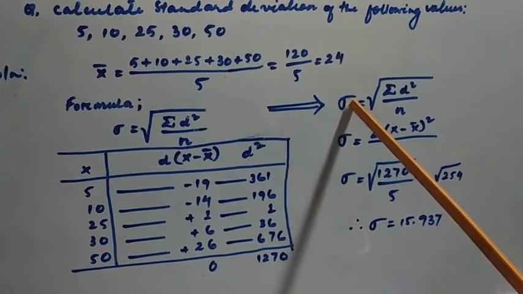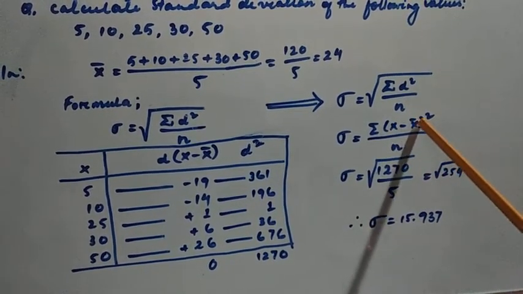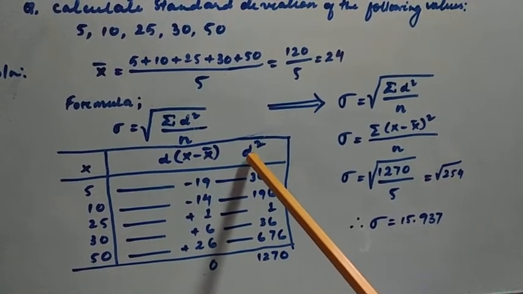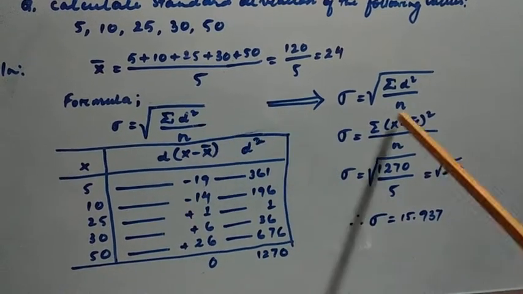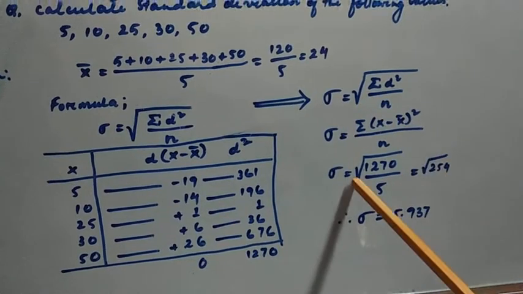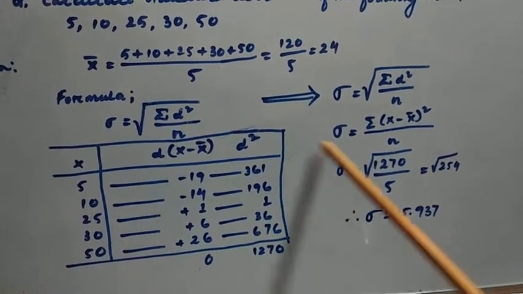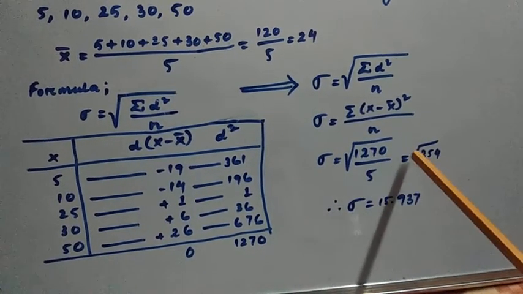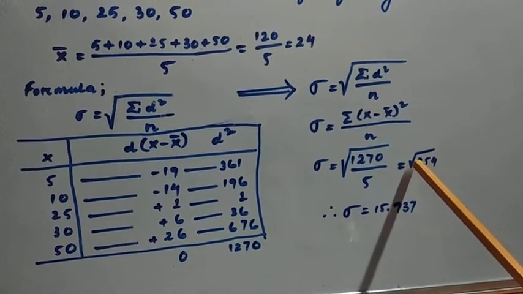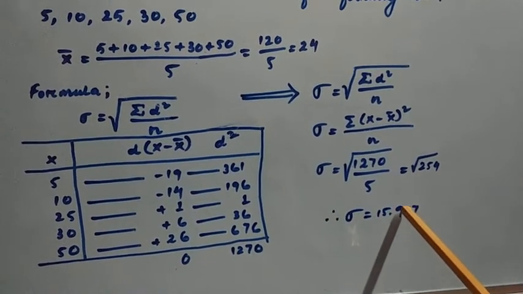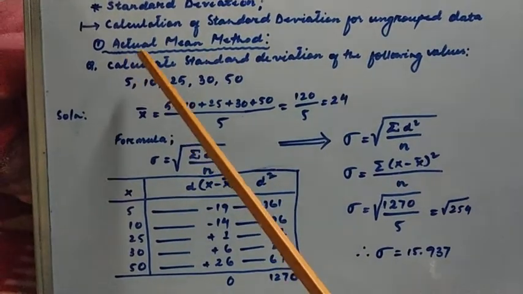We can write summation d square as summation of x minus x bar whole square, because d square is nothing but that. Summation d square is 1270 and the number of observations n is 5. When you divide, you get the square root of 254, which is 15.937.